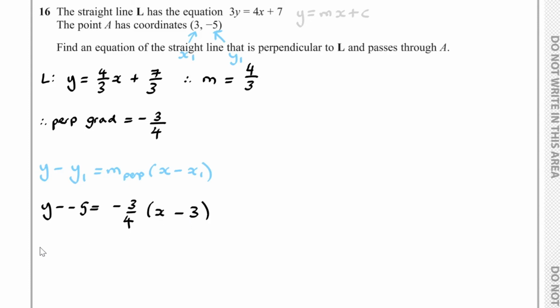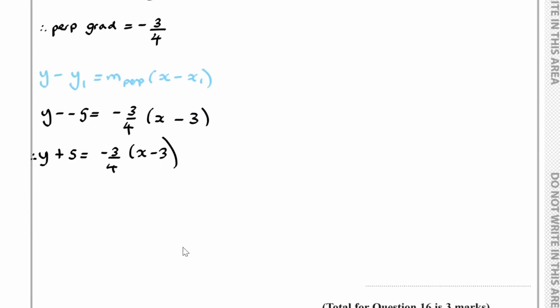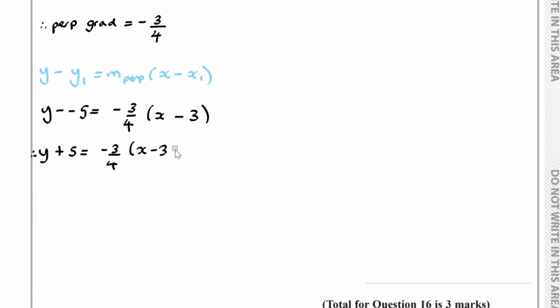So if I tidy all this up, we can see that we have y plus 5 equals minus 3/4 lots of x minus 3. And we can expand this out into an alternative form if we wish, but there's no need to do that.